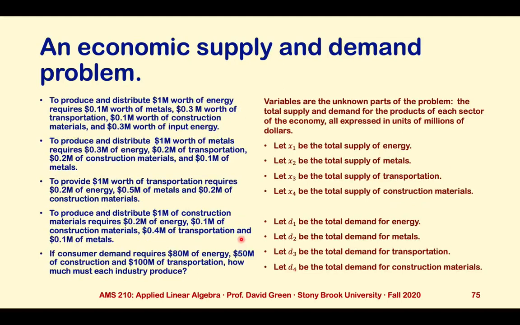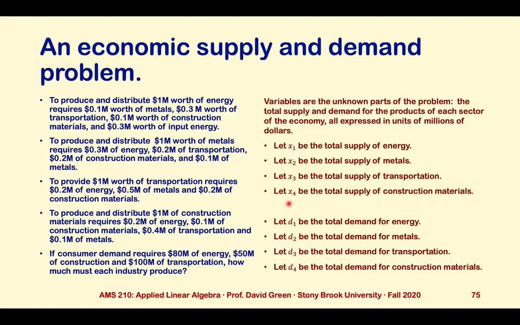How do we write down a model for this? Start with the variables. Variables are the unknown parts. In this case, the unknowns have two pieces: the supply, how much is being produced, and the total demand, how much is needed, for each of these different sectors of the economy.